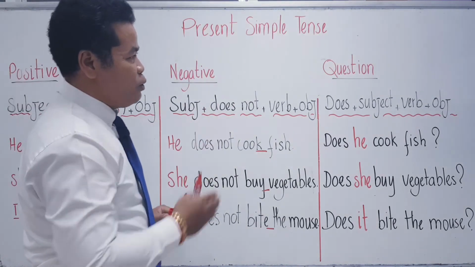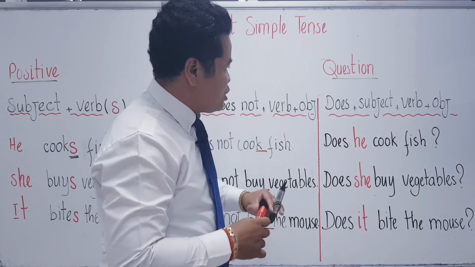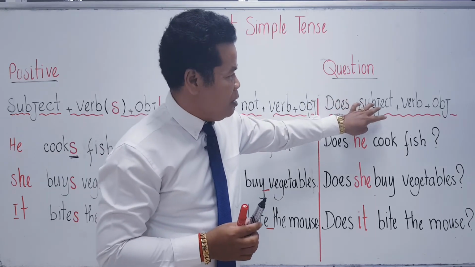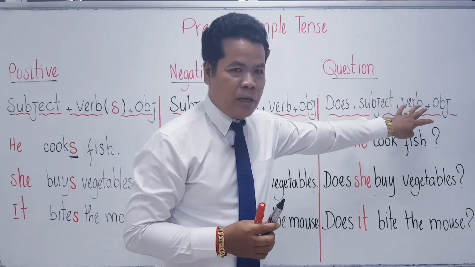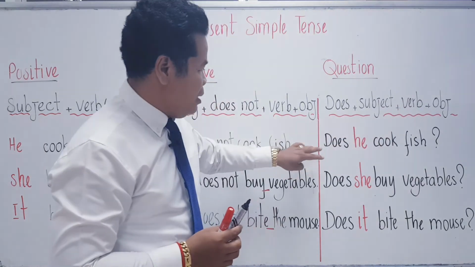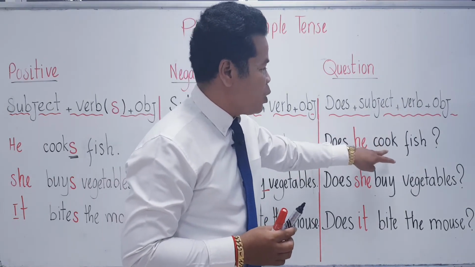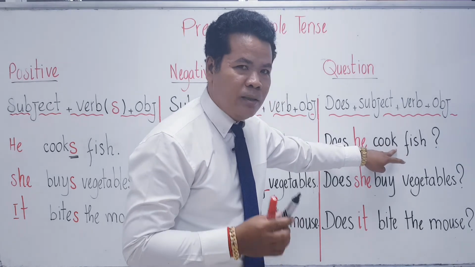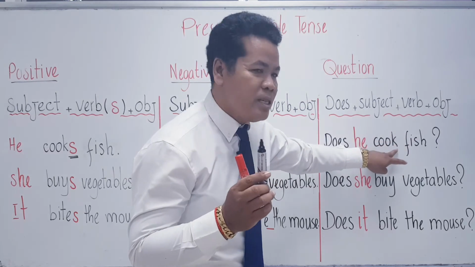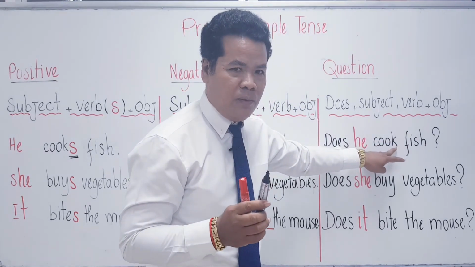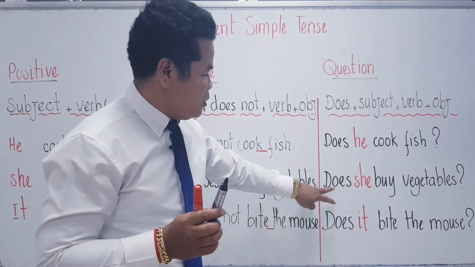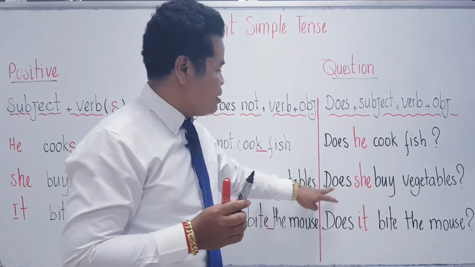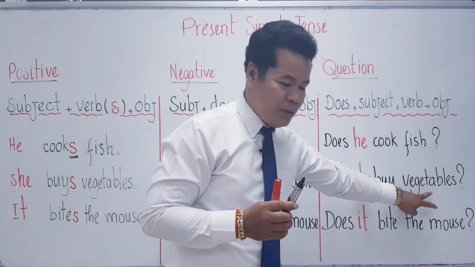Now let's go to question. In the question, we have does plus subject plus verb plus object. For example, does he cook fish? Cook also has no S. The reason is it is a question sentence, it is not positive, right? Another one, does she buy vegetables?